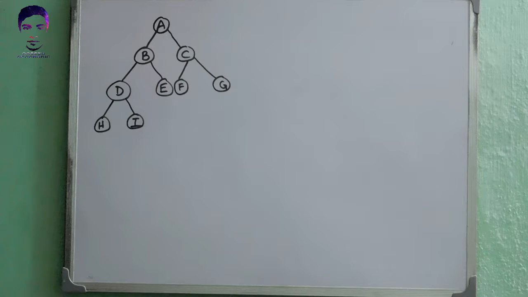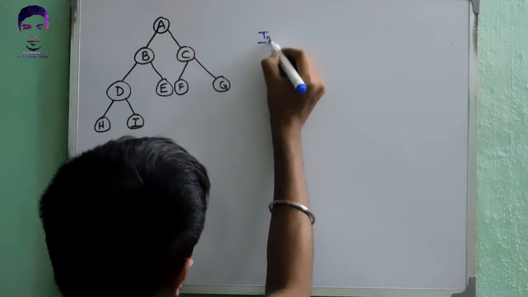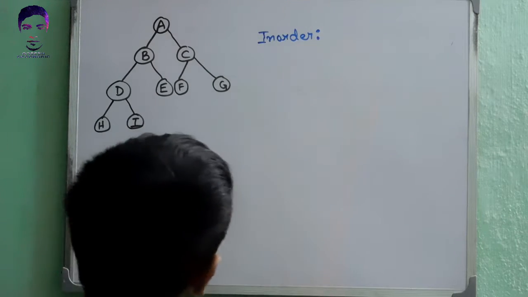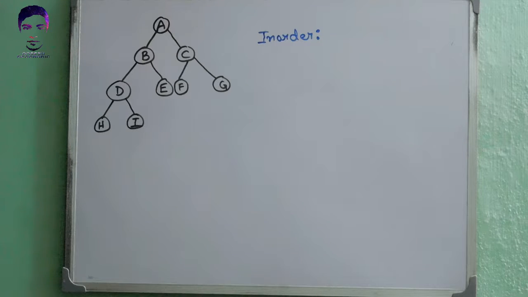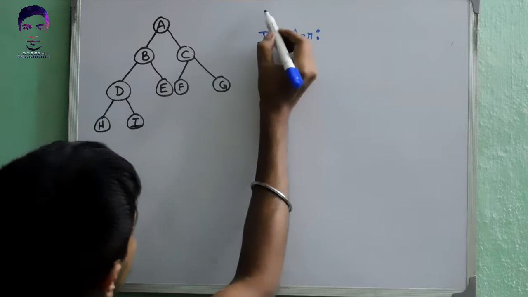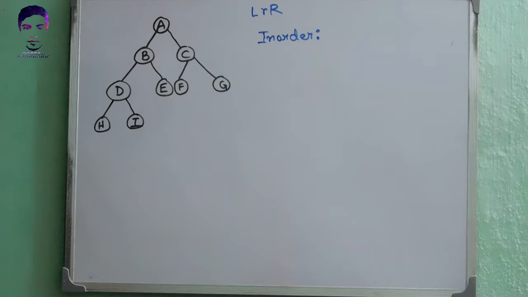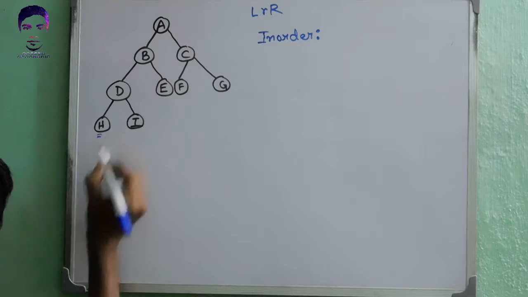Now, first one is Inorder. As I said earlier, for Inorder traversal we need to keep in mind that the root will come in between left and right. So first we will consider the leftmost position of the tree. So in this tree the leftmost position is H.